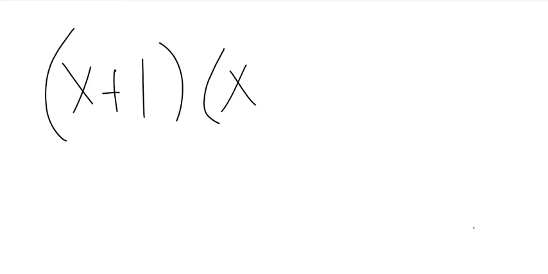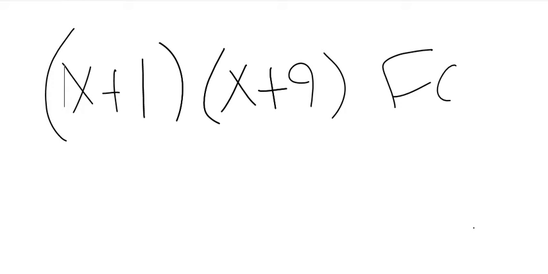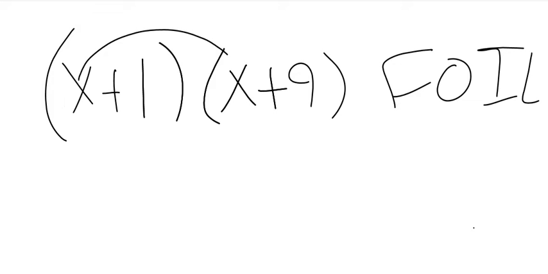Let's say we have x plus 1 and x plus 9. How are we going to use FOIL to solve this equation? Well, remember we must first start x times x, which is x squared.